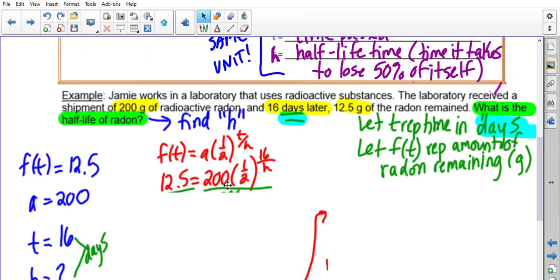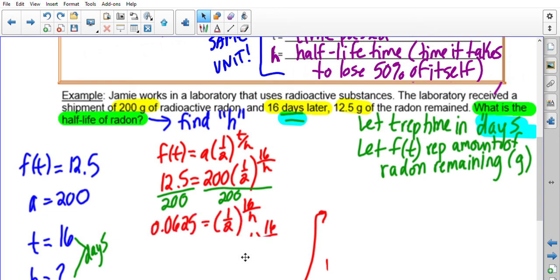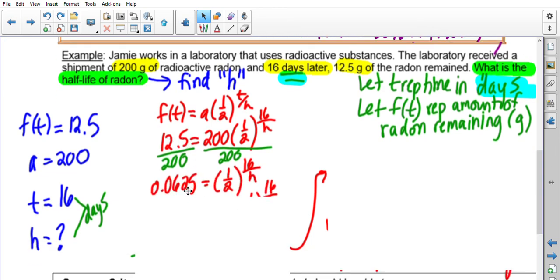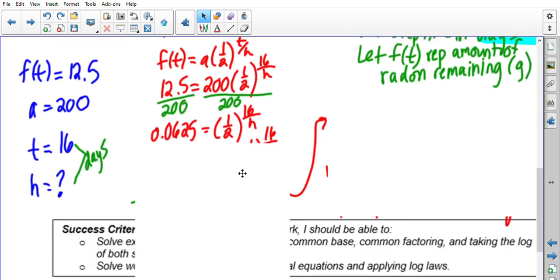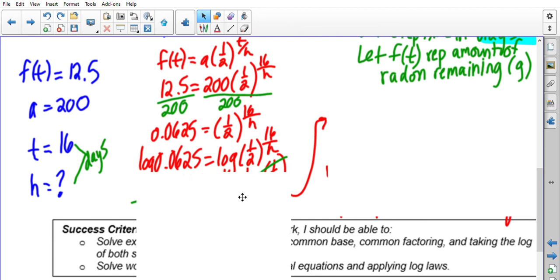Same idea. Let's divide out the coefficient of the power here, so 200 from both sides. So then we're left with 0.0625 equals 1/2 to the 16 over h. We're going to take log of both sides, as always.